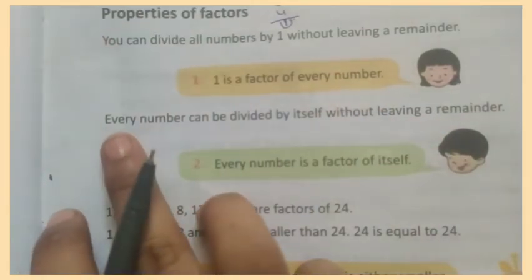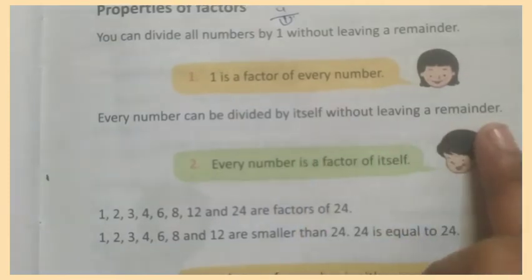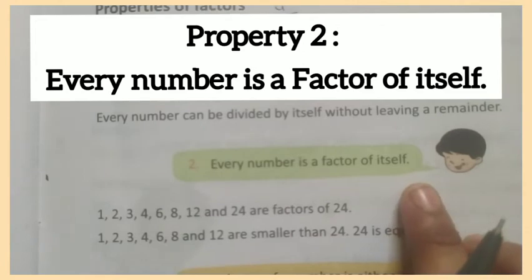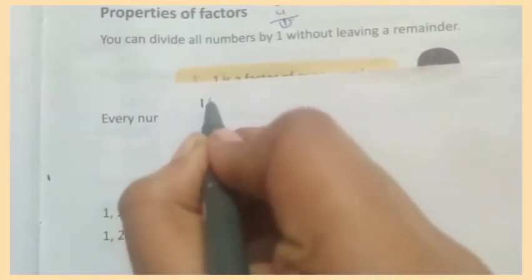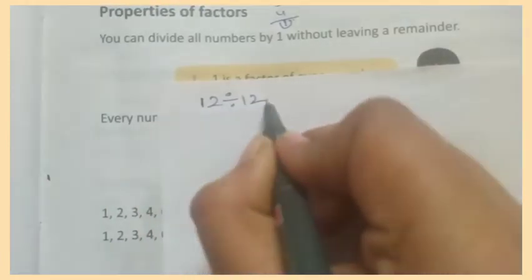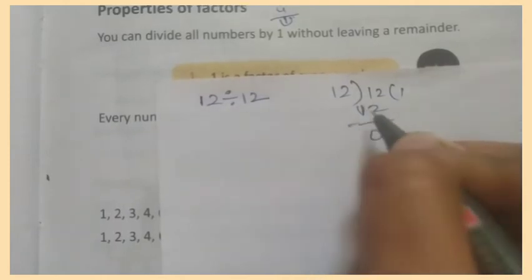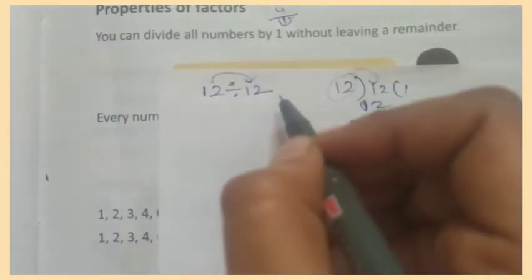Next, every number can be divided by itself without leaving a remainder. Every number is a factor of itself. Look here, children, for example, 12 divided by 12. 12 ones are 12. 12 minus 12 is 0. Means every number is a factor of itself.